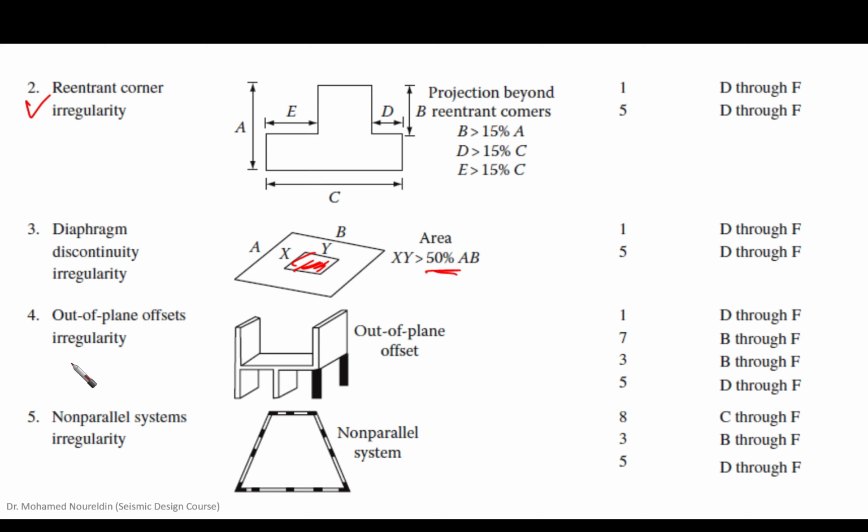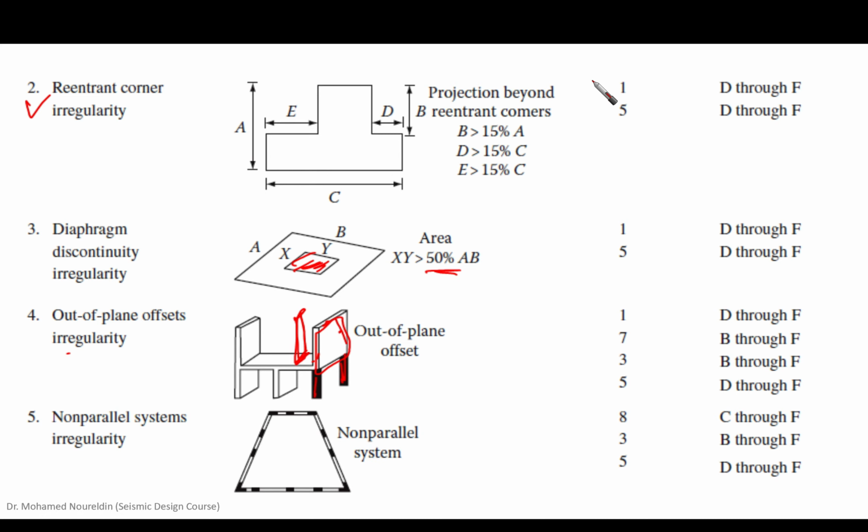Out of plane offset irregularity, we mentioned that the lateral resisting system is not the same from one story to another. Maybe we have two columns here, and a shear wall that is going to be here, for example. So this is what we call out of plane. And then we have non-parallel system irregularity.